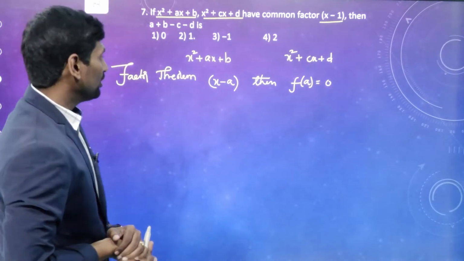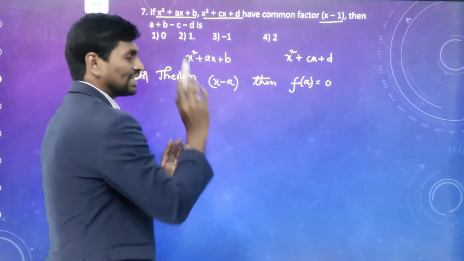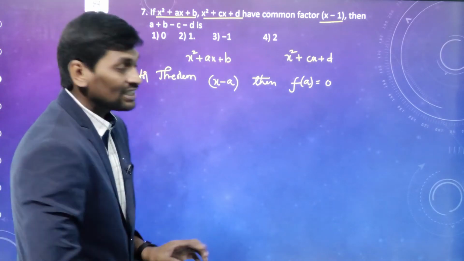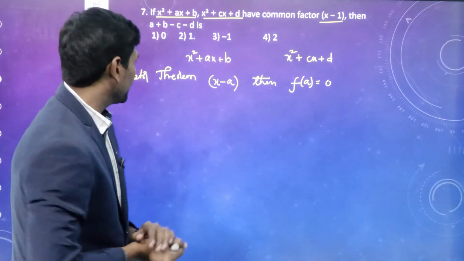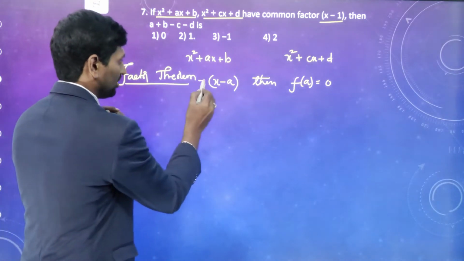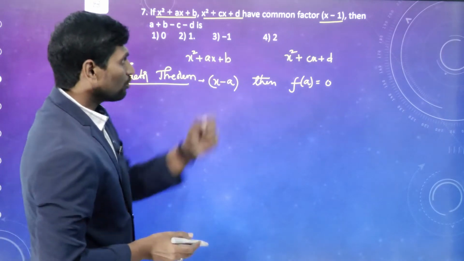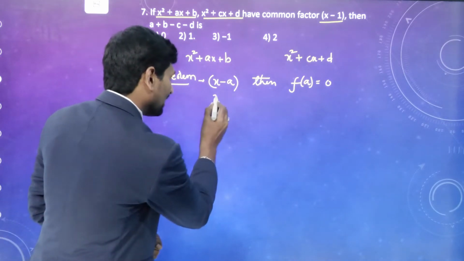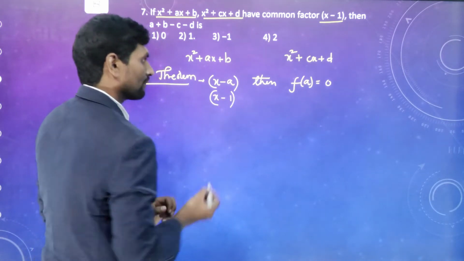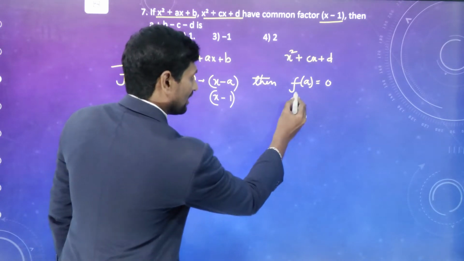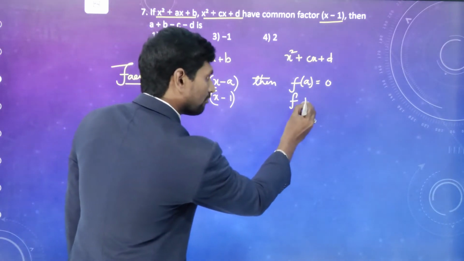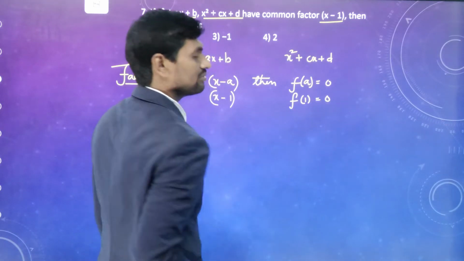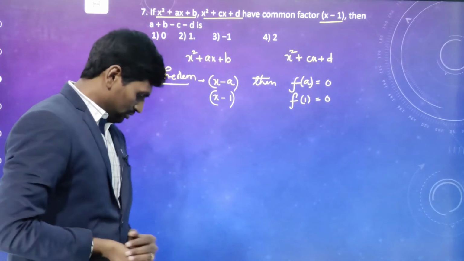That means while you are substituting the value a in the given polynomial, the entire polynomial value becomes 0, according to the factor theorem. Okay? Same way, here what is the factor? x minus 1. Then in the place of a we can identify 1. That means f of 1 equals 0. f of 1 equals 0.